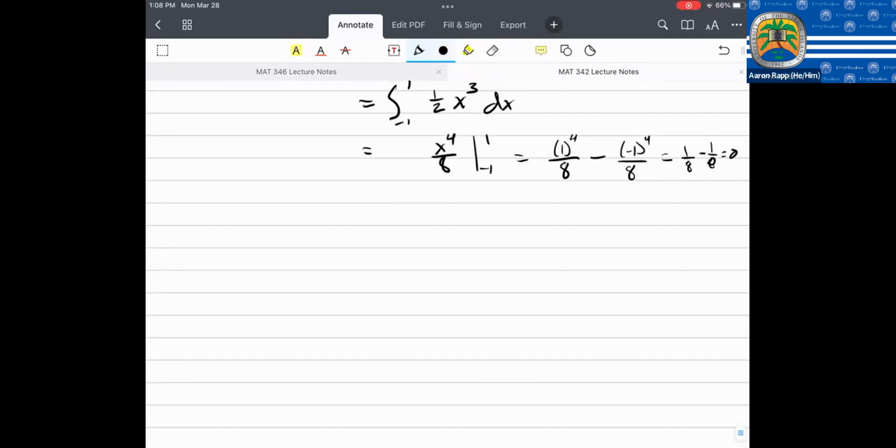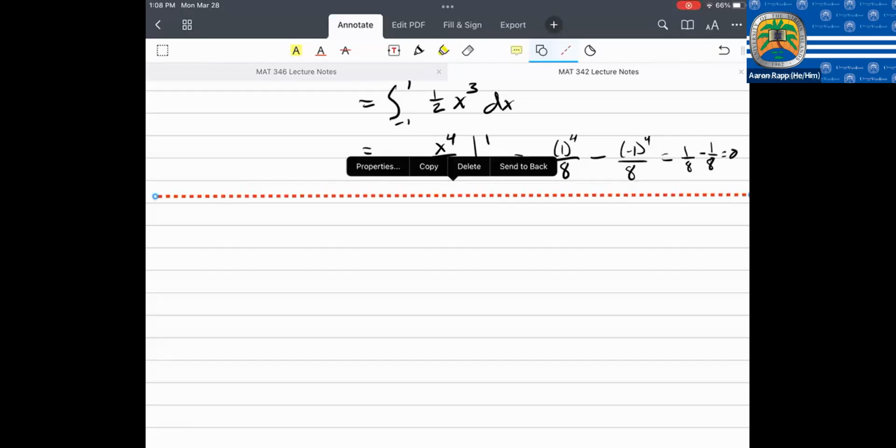But all right, so today we want to talk about integrating in different forms.